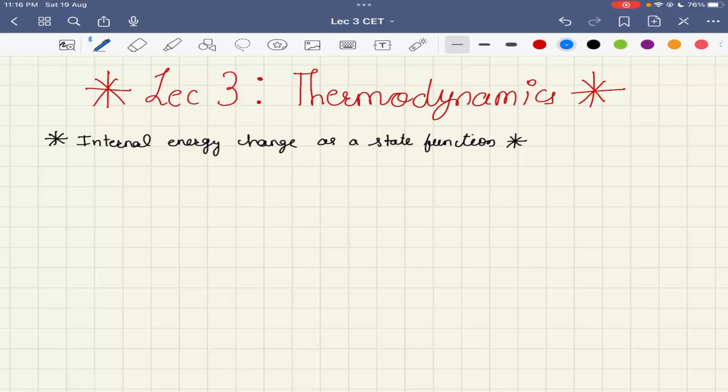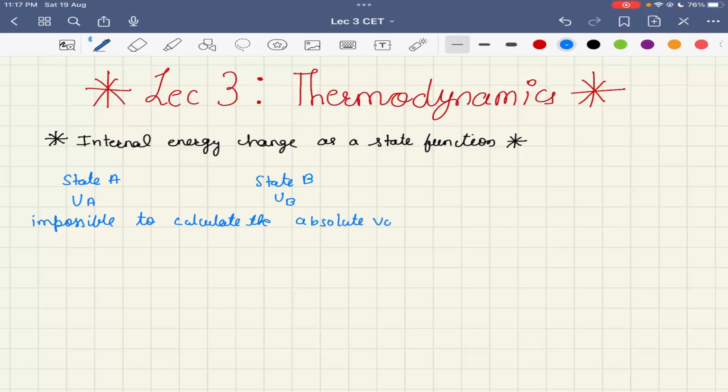So for example, we have a state A and a state B, and let's say the internal energy at state A is UA and internal energy at state B is UB. It is impossible to calculate the absolute value of internal energy for UA and UB.